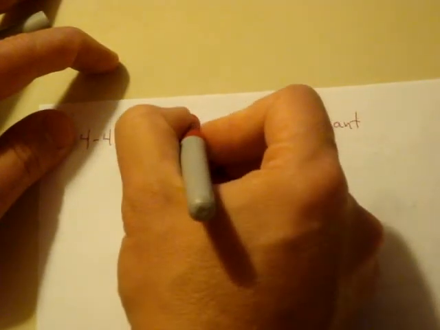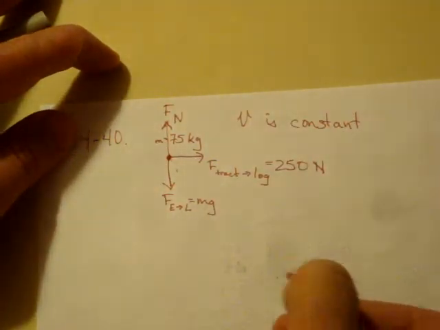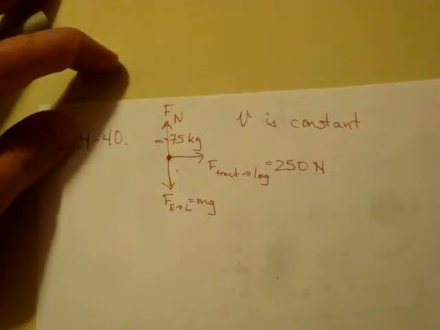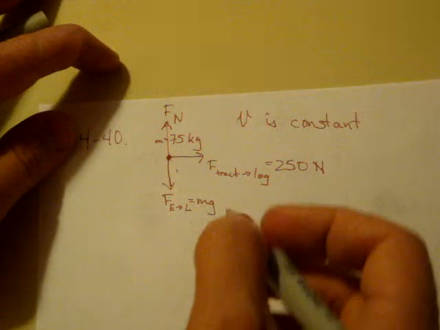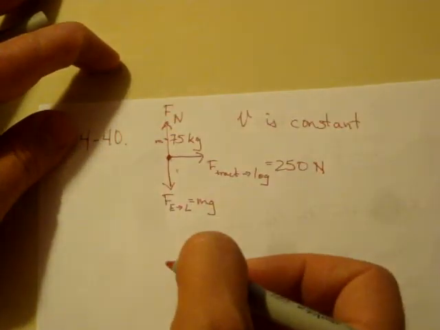So there's a normal force pushing up. We know that there isn't any vertical acceleration. We wouldn't expect to see the log go flying up in the air just because it's being dragged along the ground. So we know that the weight of the log and the normal force in this case are equal to one another.